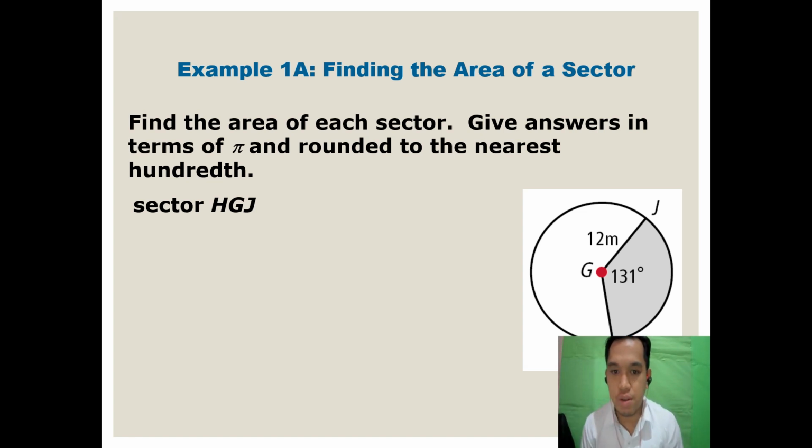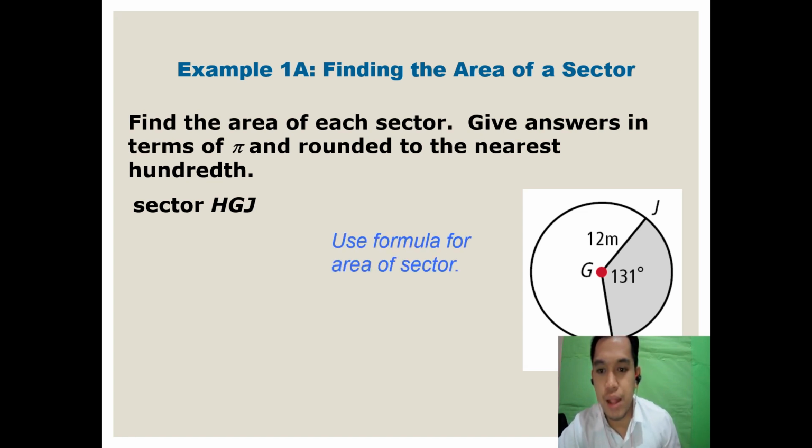We have sector HGJ. The radius is 12 meters and m is 131 degrees, the measure of the central angle.